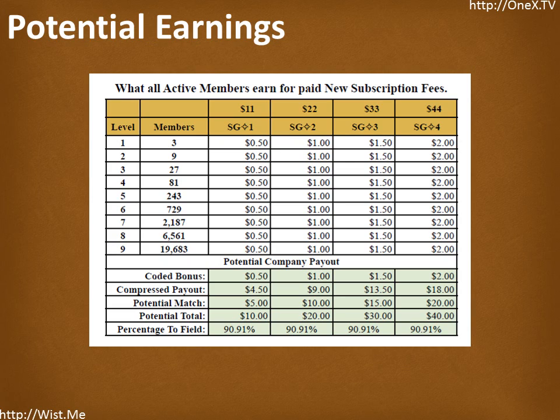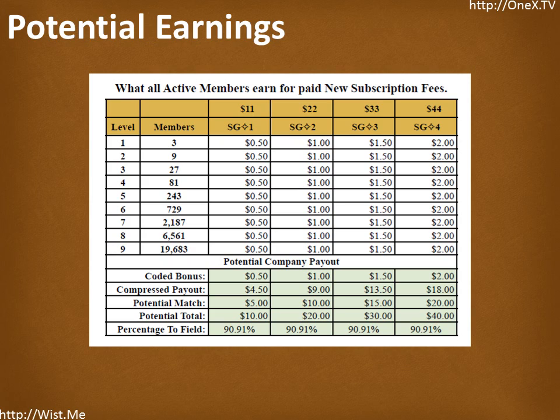Almost $10,000 every month. Every month. Now, what if these people upgrade to Stargate 2? That's $1 per person. $1 per person.